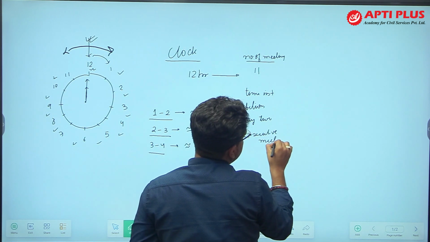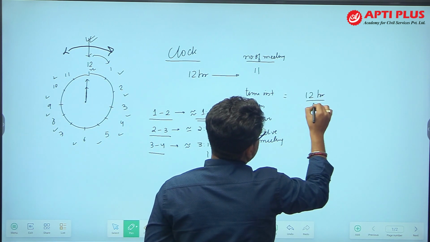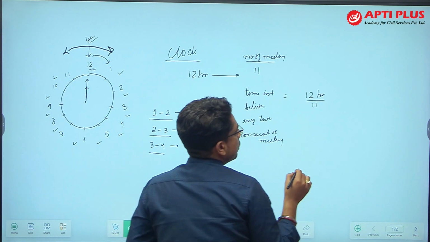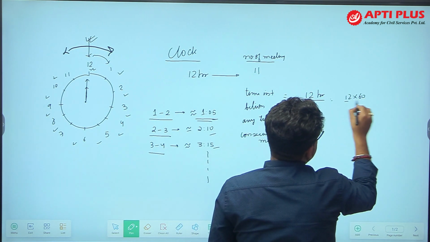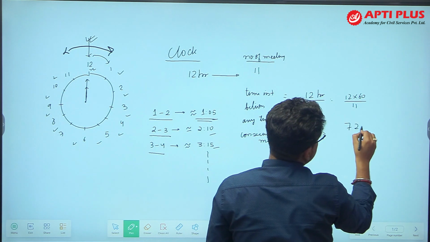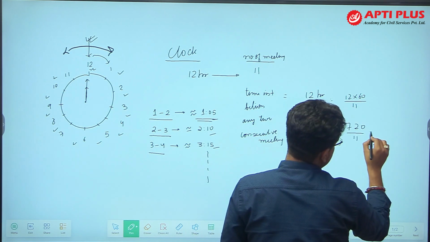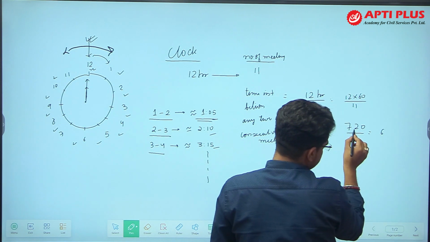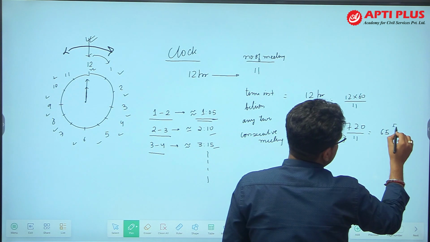With basic elementary maths, I can say that it is 12 hours divided by 11. So, 12 hours is what? It is 12 into 60, which is 720, divided by 11. So, 720 by 11. If I just do a little bit of maths, 11 6s are 66, I will be left with 60 here. 11 5s are 55, I will be left with 5 by 11.